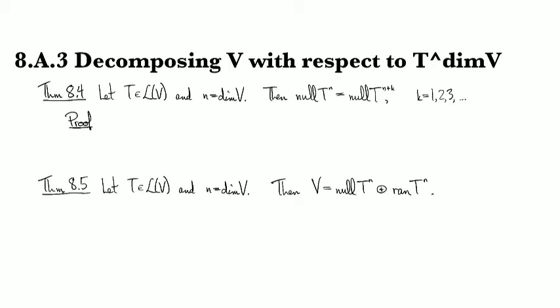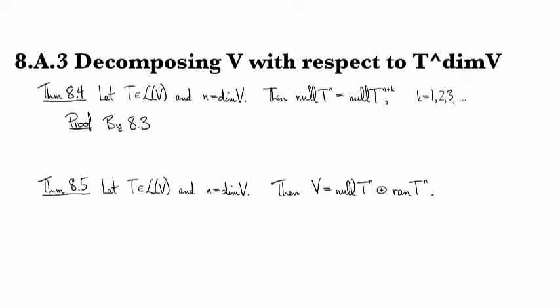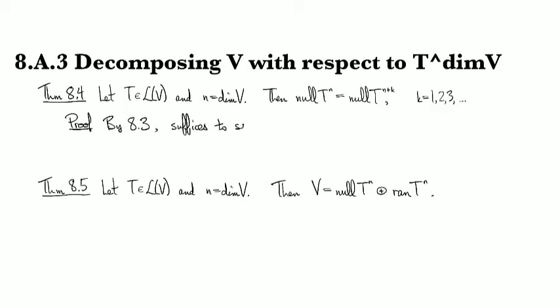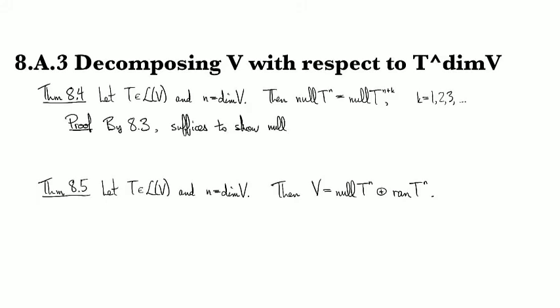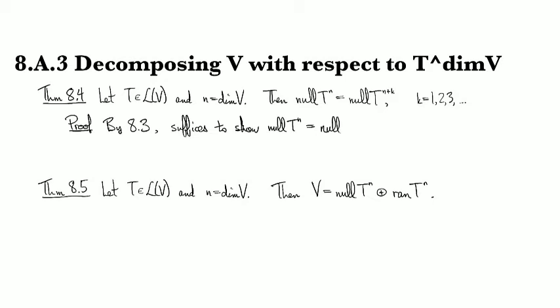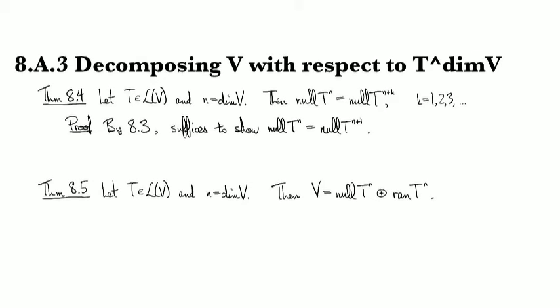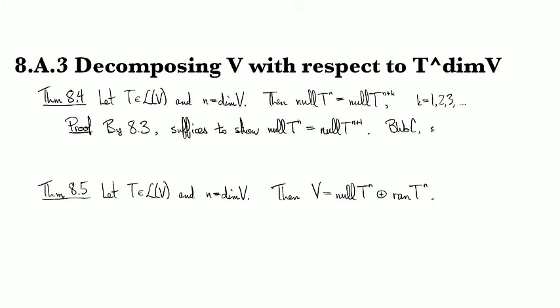So we want to see that these vector spaces stop growing once we get to the nth one. We're basically invoking our previous result, 8.3, to see that it suffices to show that the null space of T to the n is equal to the null space of T to the n plus 1, and then all the rest will follow from there. So by way of contradiction, suppose not.